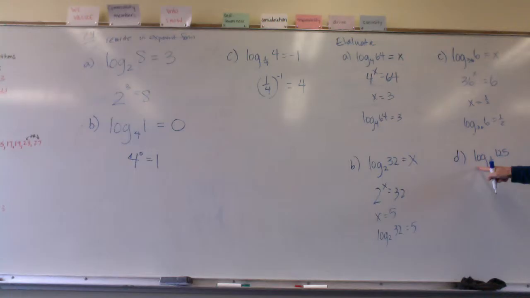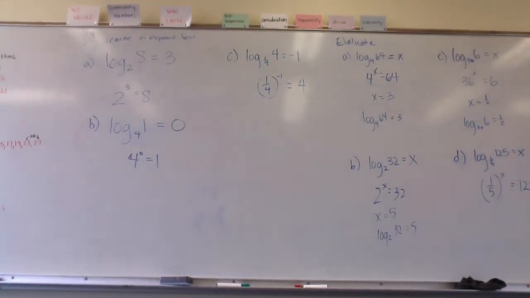It says log base 1/5 of 125. And what does Viv like to do? Add the equals x. So then I can rewrite it as 1/5 to the x equals 125.